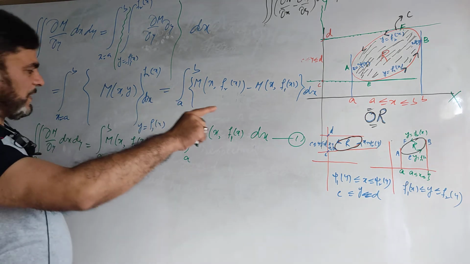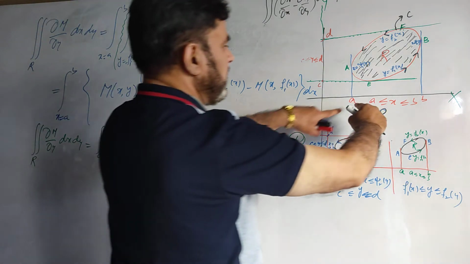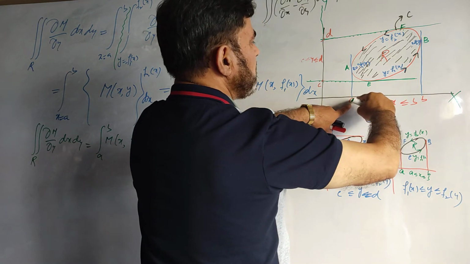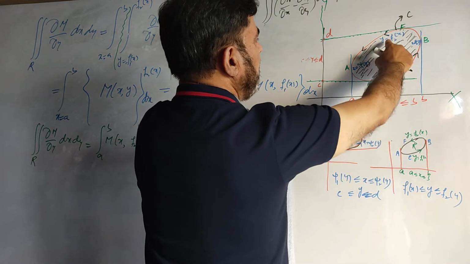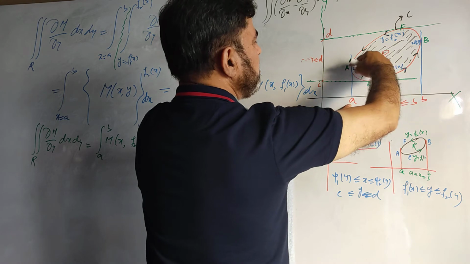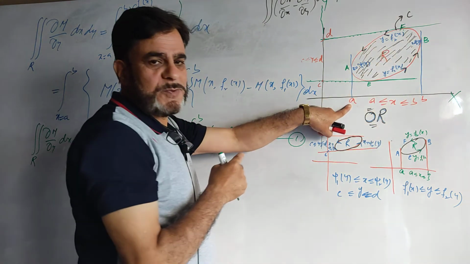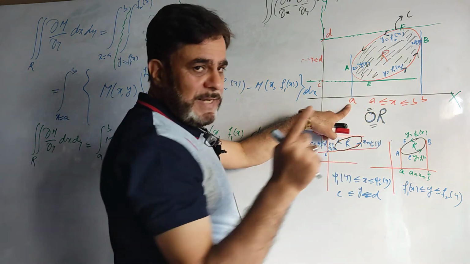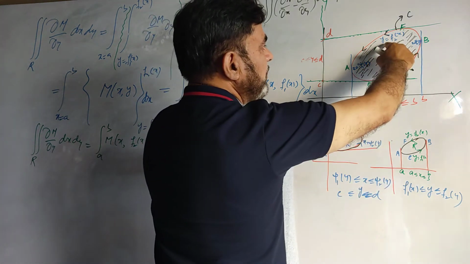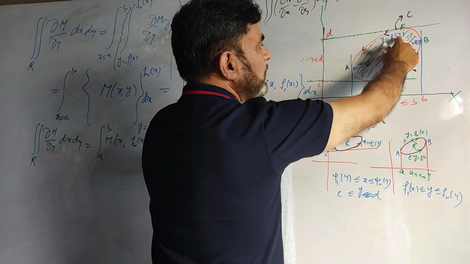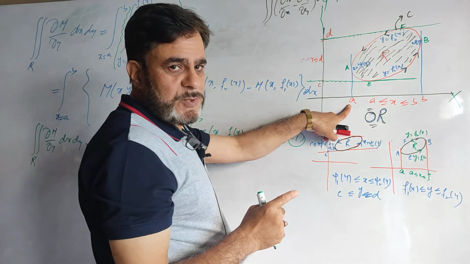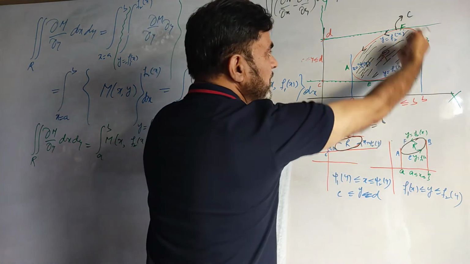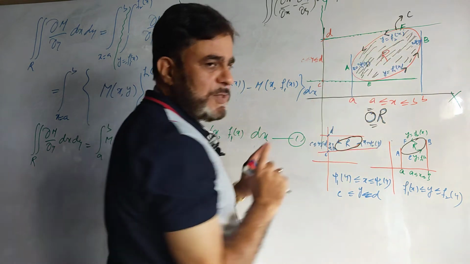Look there, this is your AB, it goes A to B along y is equal to f2x, so it goes this way. It is not a positive path. If we have to integrate this curve y is equal to f2x along the positive path, we must go from B to A. A to B is not a positive path.